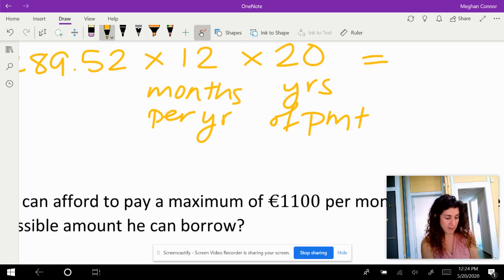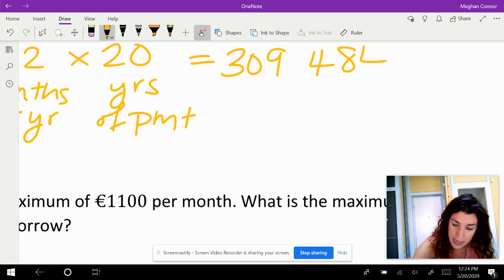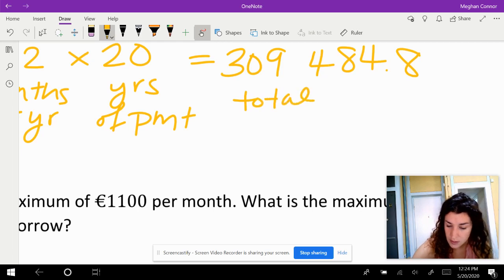So take that number, multiply it by 12, and multiply it by 20, and we get a total of $309,484.8. So that is the total paid to bank.